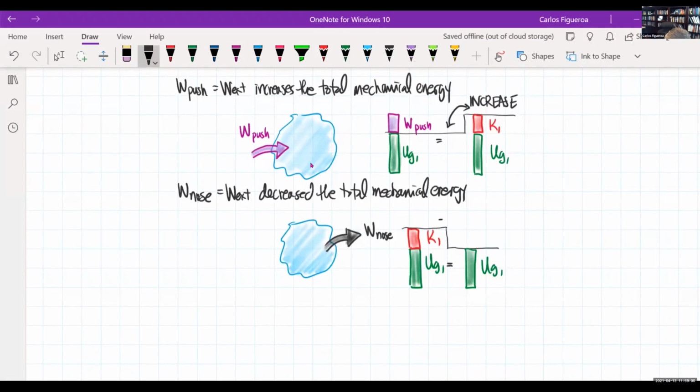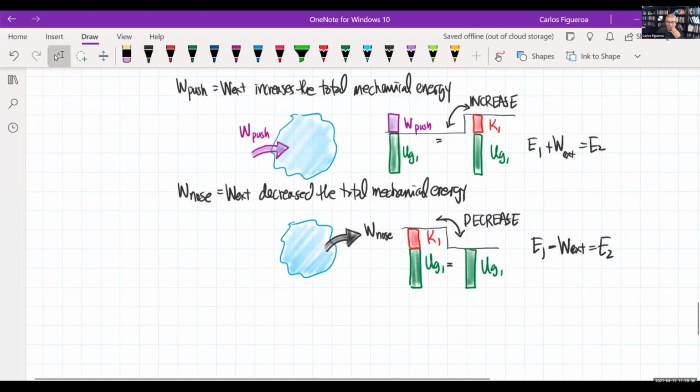So in this process, you see that this is a decrease. In this case, I started off with E1, and then I did positive net work to increase the energy to here. In this case, I started at E1, and then what? I did negative external work. You know what? I should not have said net. I should have said external. And that decreased the energy of the system. That's what I mean by that.